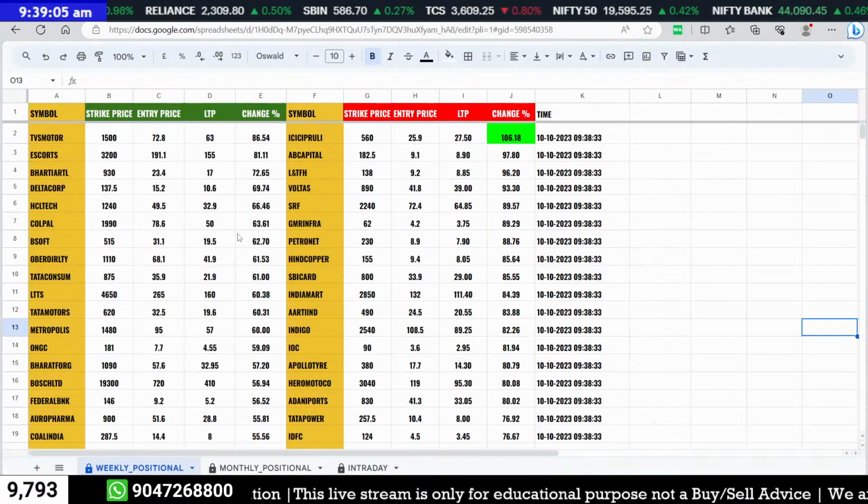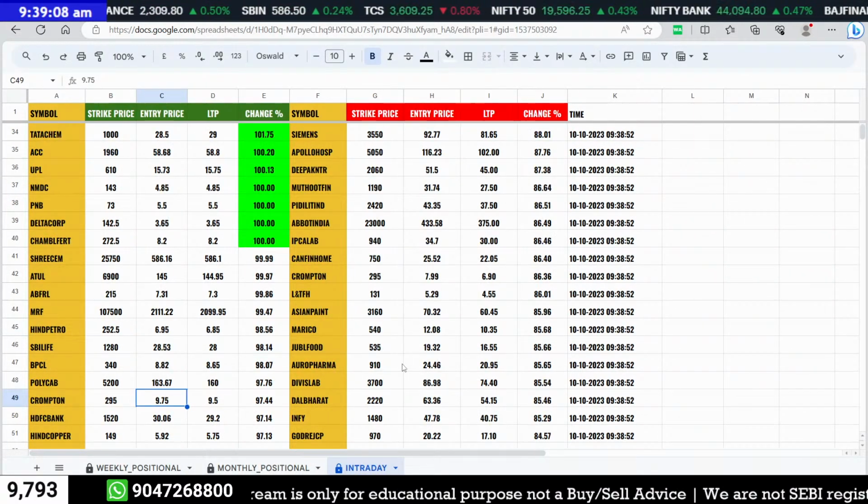Both are not triggered. We need to find any fresh one.